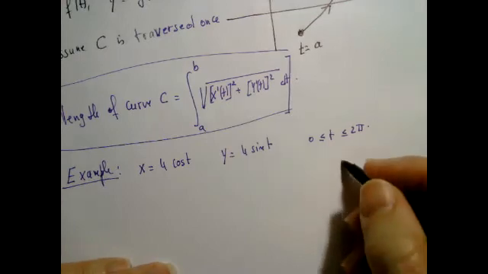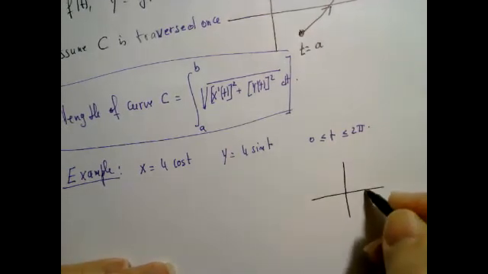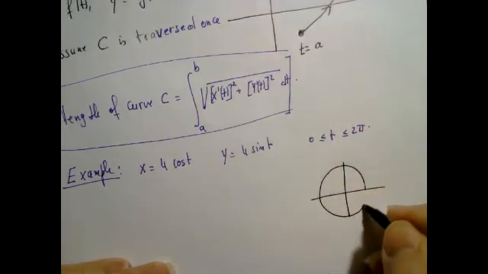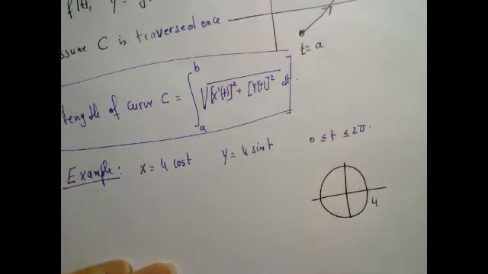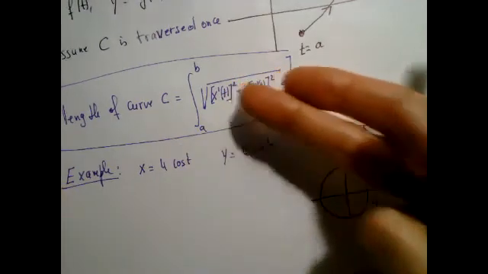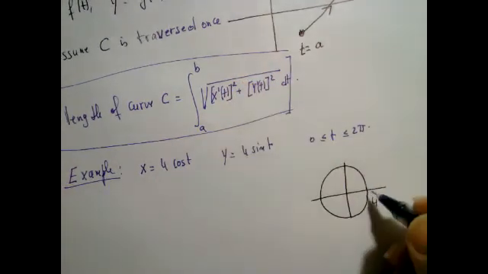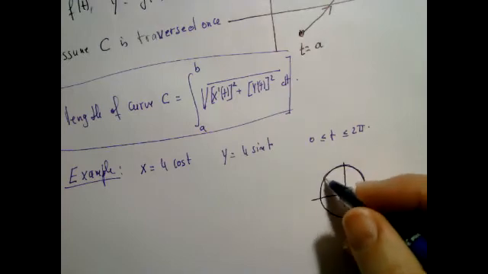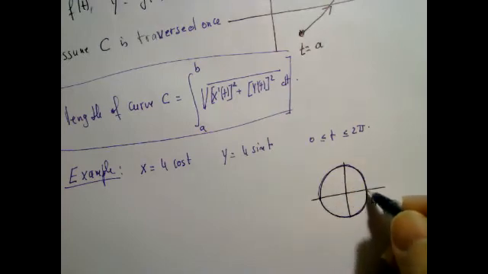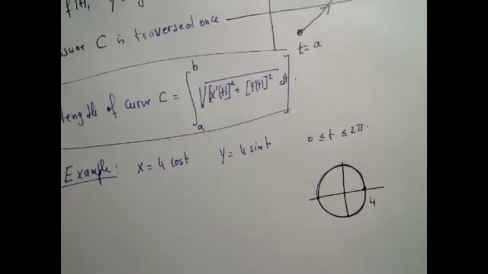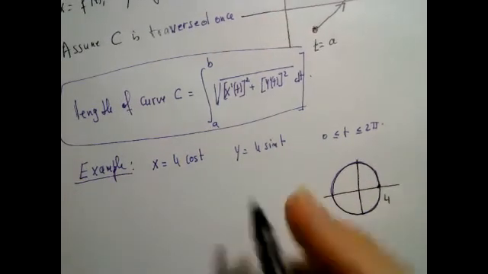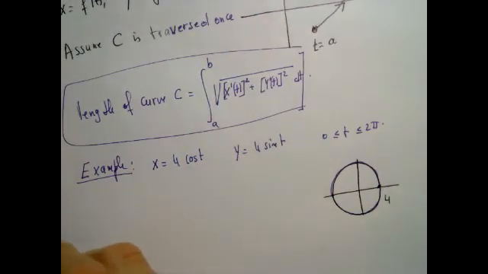By now, we should know that this is a circle, which has center at the origin. And I'm going to find the length of this circle. Now we know what the length is. We're just going to do it again using this formula, just to understand that this formula is giving me the length of the curve. That's really what we're going to find, the length of the circle or the circumference. All right, so let's apply the formula. What is the length?